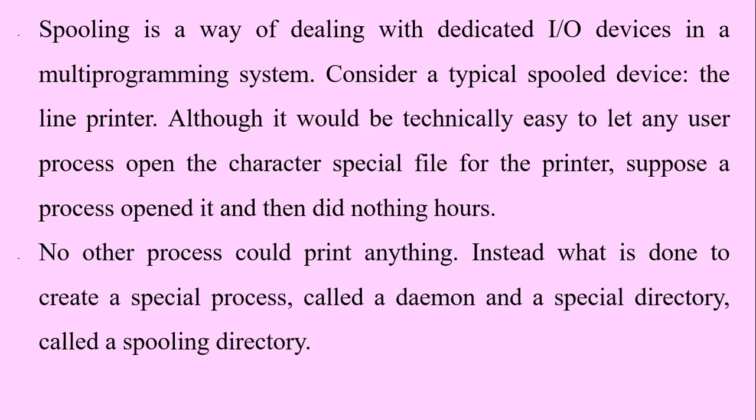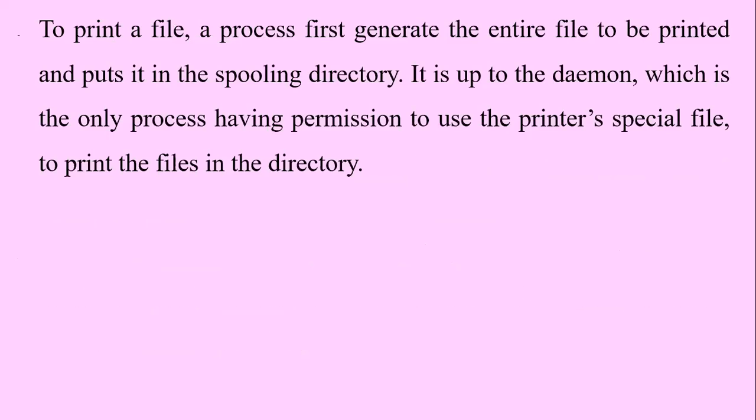Instead, what is done is to create a special process called a daemon and a special directory that is called a spooling directory. To print a file, a process first generates the entire file to be printed and puts it in the spooling directory.